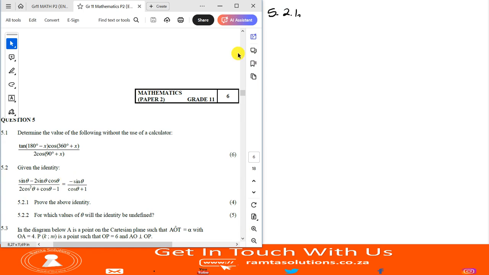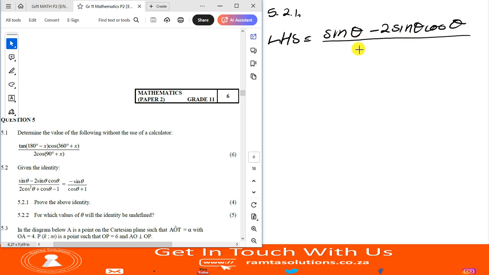So the left-hand side equals sine theta minus 2 sine theta cos theta, all over 2 cos square theta plus cos theta minus 1. In the numerator we have a common factor sine theta, so we are left with 1 minus 2 cos theta.